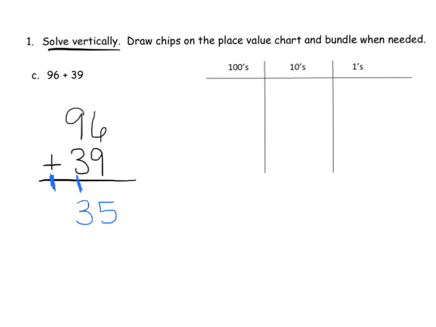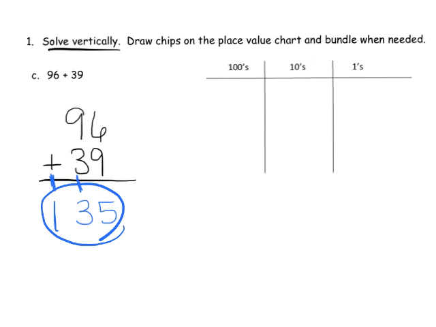So 13 tens is 1 in the hundreds column plus 3 in the tens column left over. And then adding the hundreds column, we have nothing up here, we have 1 down here, so we end up with 135. Now let's model this on our place value chart just to be sure.